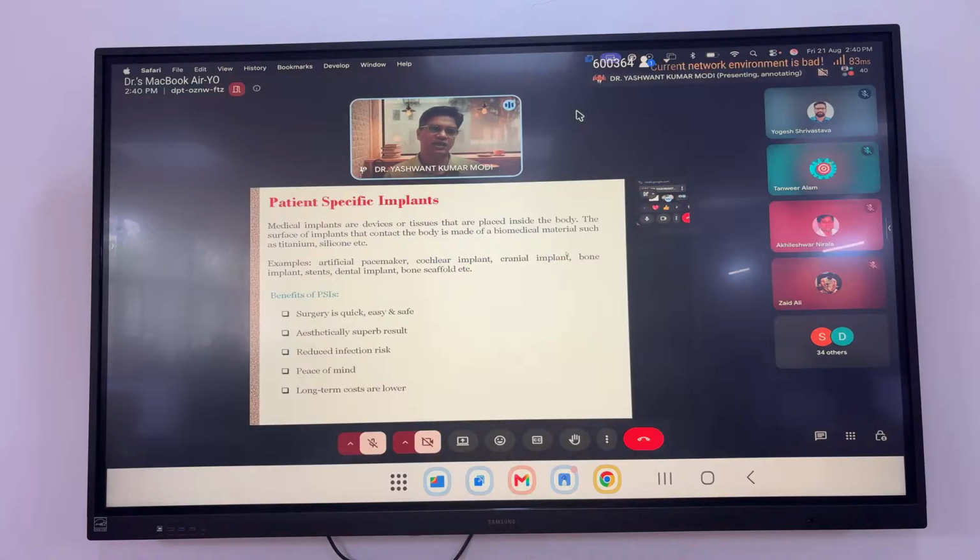The second area is patient-specific implants. This is very important nowadays. So what is a medical implant? Basically, medical implants are devices or tissues that are placed inside the human body.